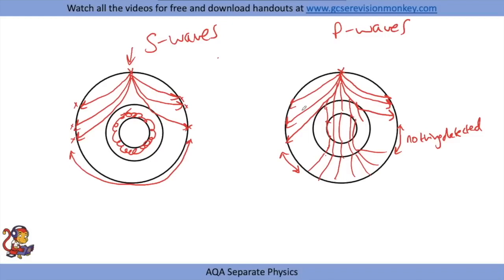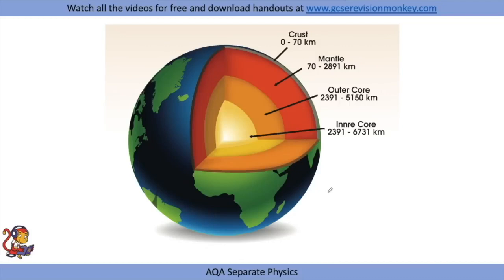And these patterns of S waves and P waves help them understand which parts of the Earth's structure are liquid and which are solid. And studying these waves contributed to the current understanding of the structure of the Earth, where the inner core is solid with a liquid outer core, a mantle which is mostly solid with some slight movement, and then the crust around the outside.